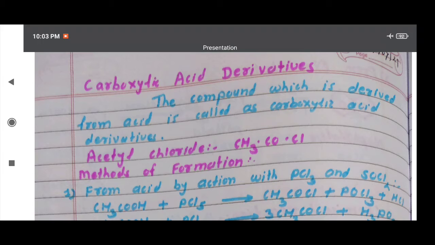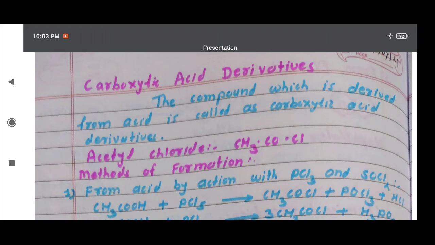Acetyl chloride is a volatile, pungent smelling liquid. It cannot form hydrogen bond, hence its low boiling point and insolubility in water. It fumes in moist air due to hydrolysis producing hydrogen chloride gas.